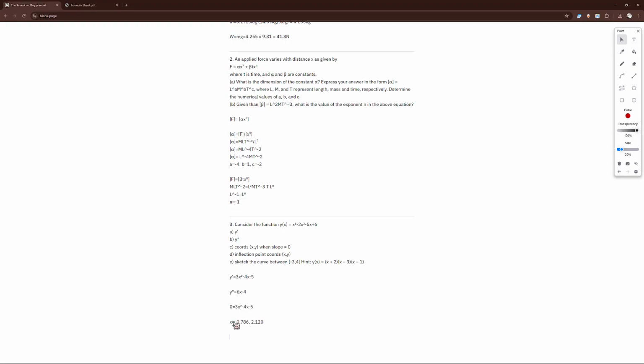So we're going to get, is it going to do that weird thing with the copy paste again? No, it isn't. Okay, good. So we're going to get this cubed minus 2 this squared minus 5 this plus 6 is equal to y of this, which is equal to, and we just put this into the calculator here quickly.